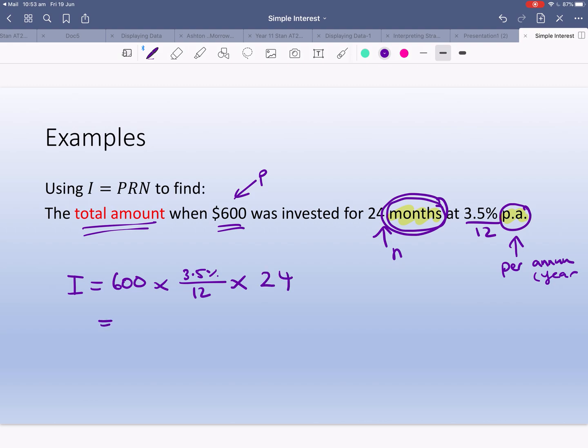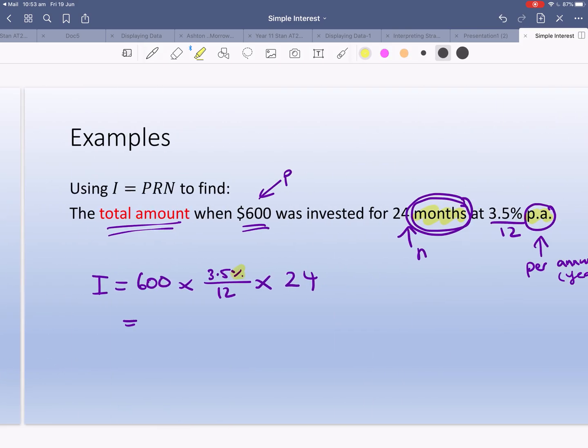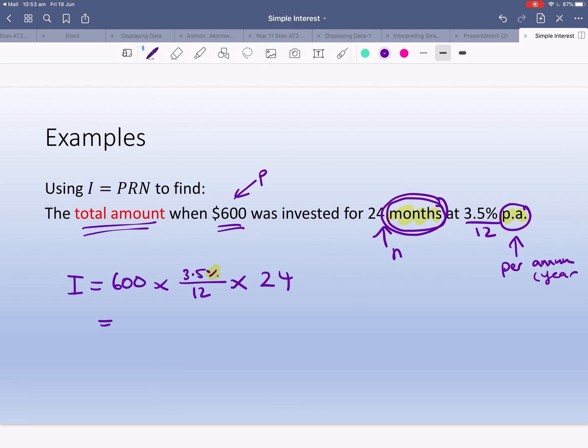Okay, so we're going to put that in a calculator. Now remember, if you don't have that percentage button or you don't want to use it, you're using the same thing as here, 3.5 over 100. So be very careful with that. I'm just going to do this quick calculation.